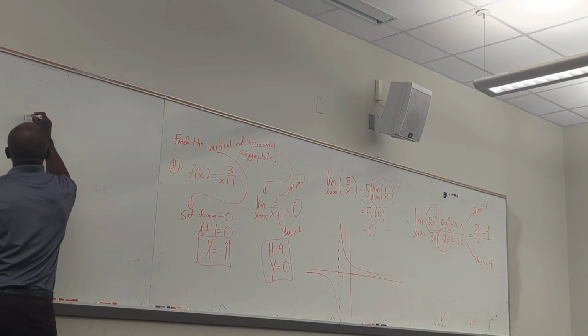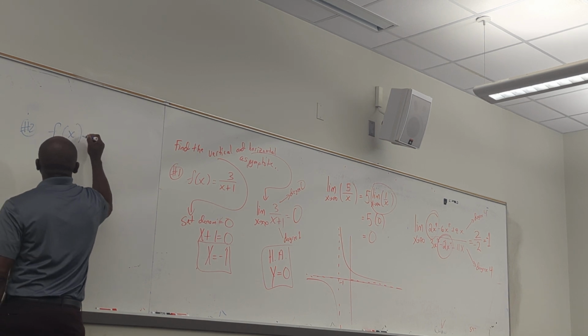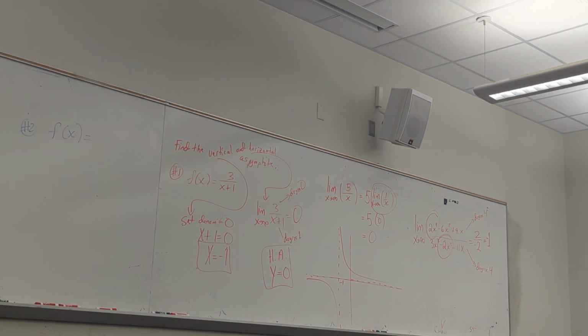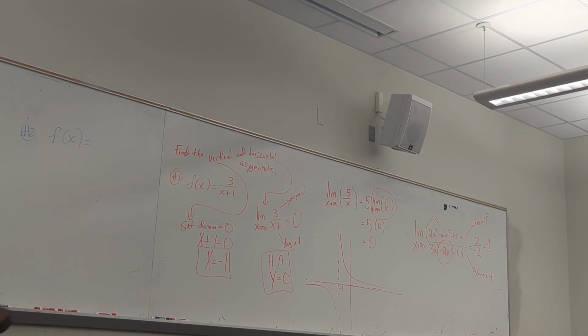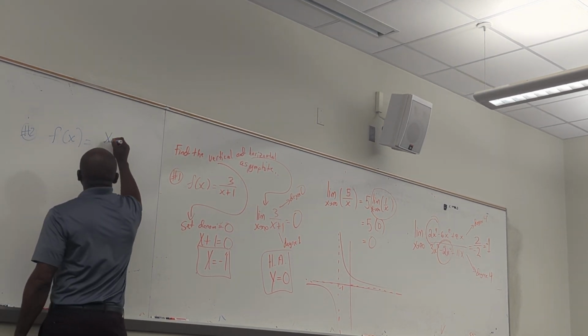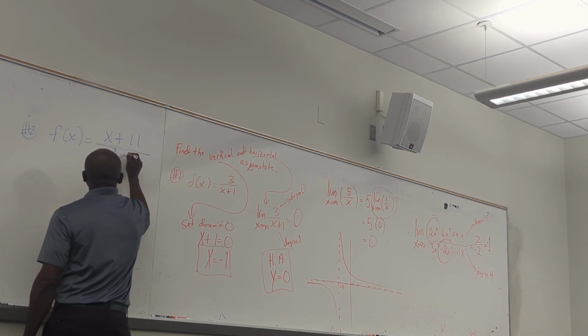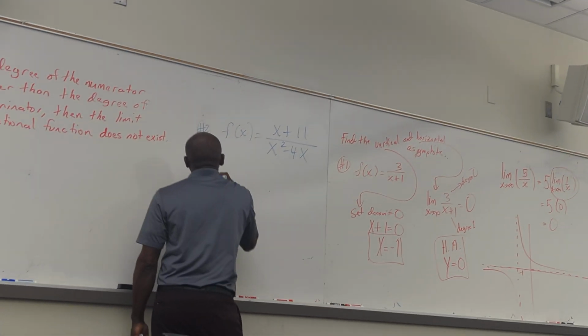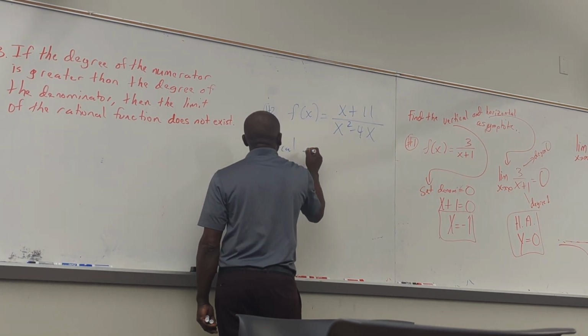Now let's pose this is number 2. I have f of x equals, what do we have on that test? We had x plus 11 over x squared minus 4x. We just told you to find the vertical asymptote. What do you do?